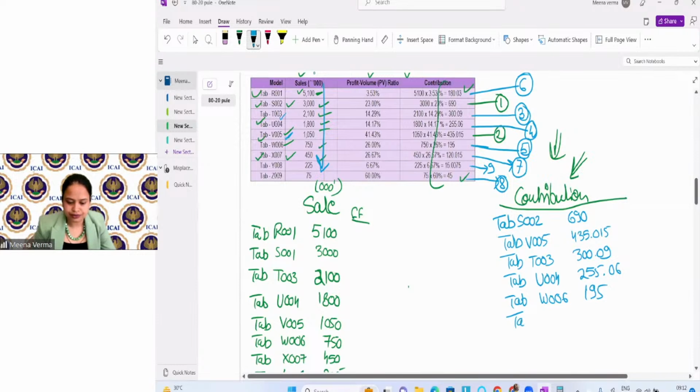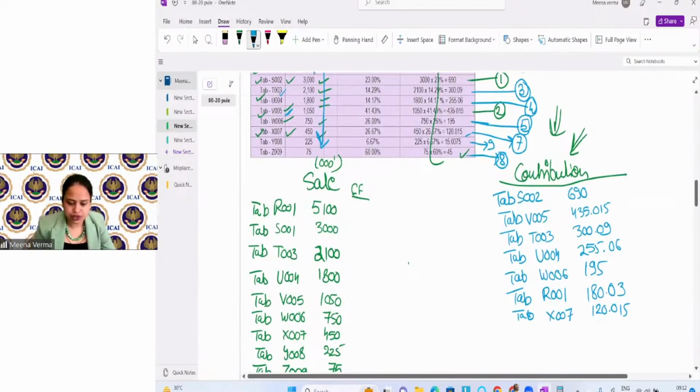Then the sixth is R001, with 180.03. After that we have Tab X007, with 120.015.